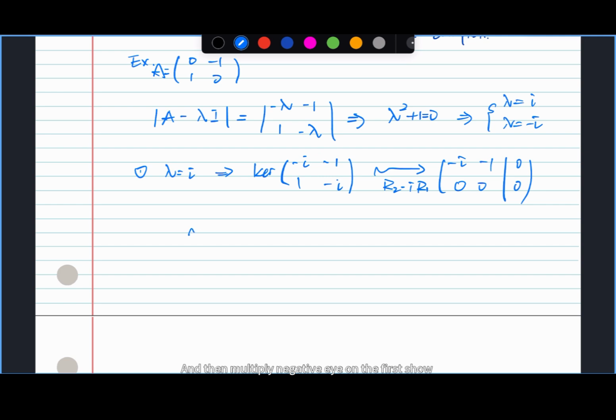And then multiply the first row by negative i, I will get (1, -i), 0, 0. So in this case, when my eigenvalue is i, I have my eigenspace to be the span of (i, 1).